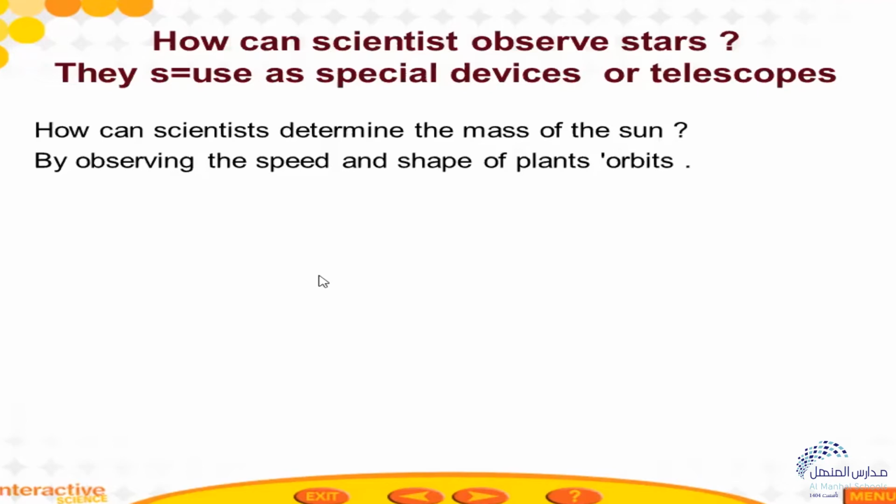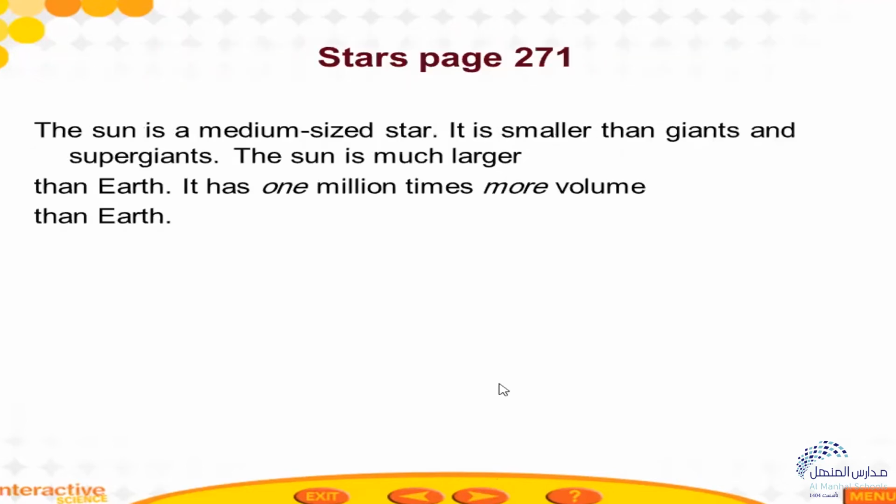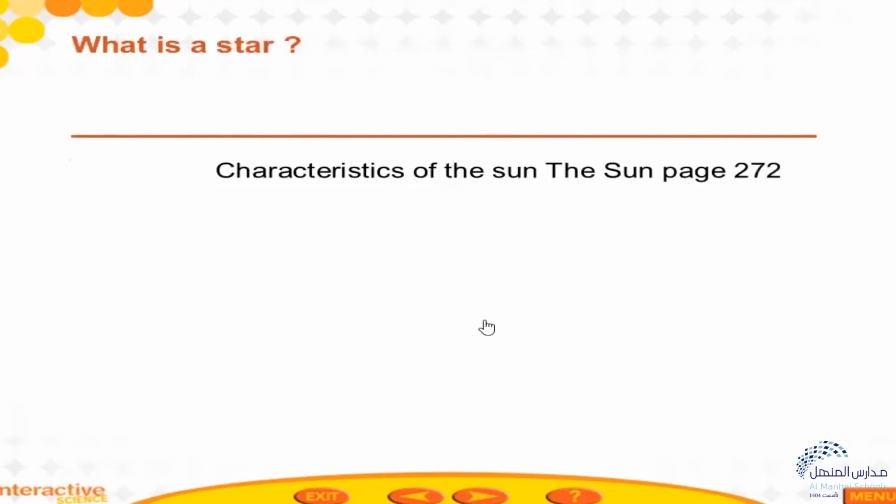We have 8 planets that revolve around the sun. By knowing their speed and the shape of their orbit, which is the path they take when they revolve around the sun, we can estimate the mass of the sun, which is 2 million trillion kilograms.